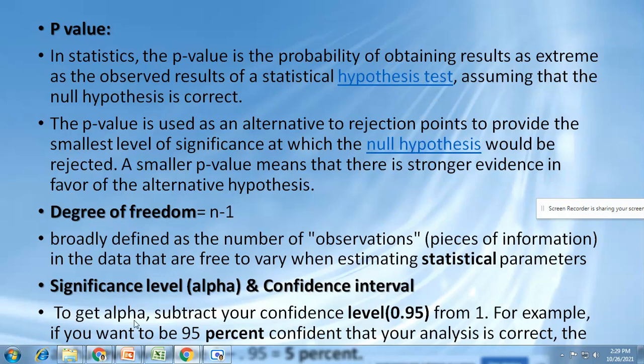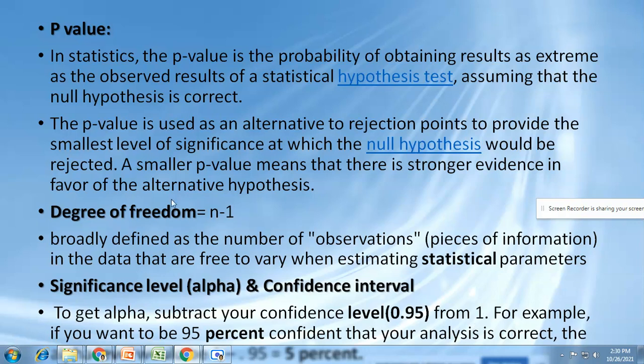Okay, so to get alpha, subtract your confidence level, suppose 0.95, from 1. So when we subtract 0.95 from 1, how much do we get? Yes, 1 minus 0.95, so we get 0.05.